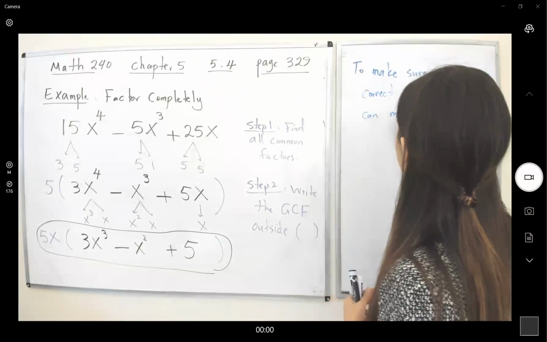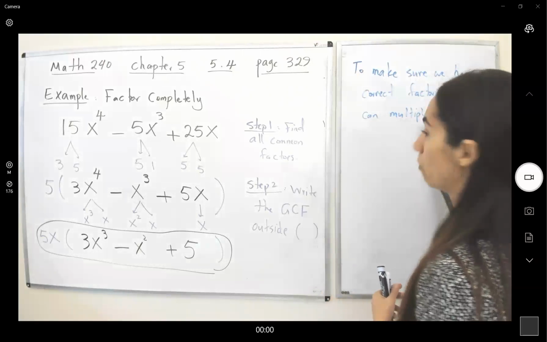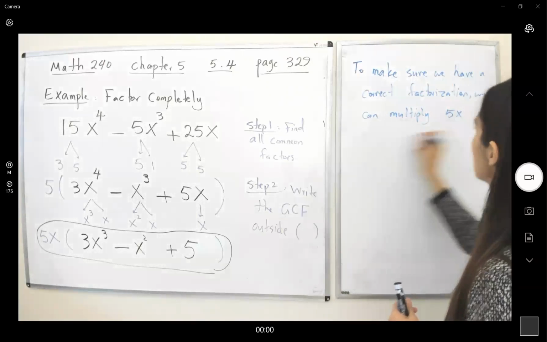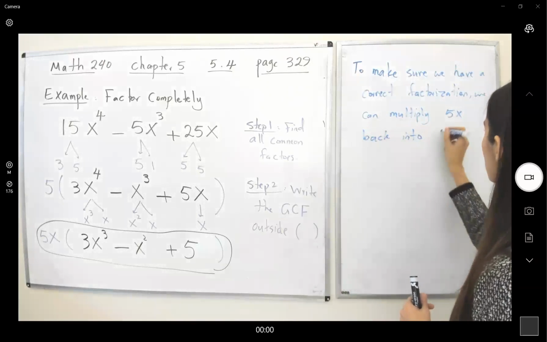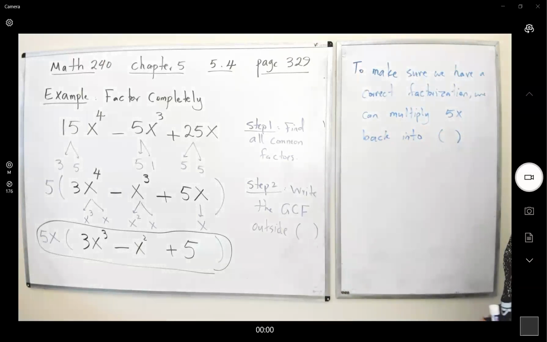We can multiply 5x back into parentheses. Okay, take a look at this.